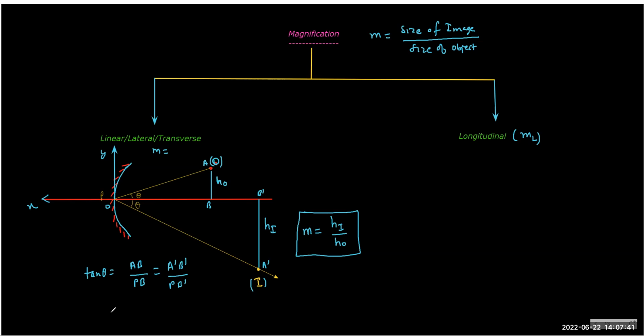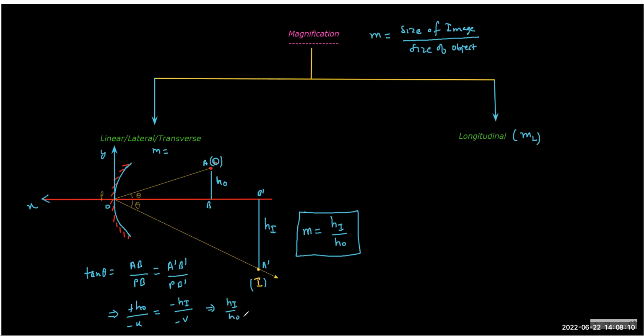So we will substitute the values here, tan theta, with sign properly. What is AB? It's above the axis. We can write it as plus H naught over PB, which is minus U. A dash B dash is minus HI over PB dash, which is minus V. And this will give you what?